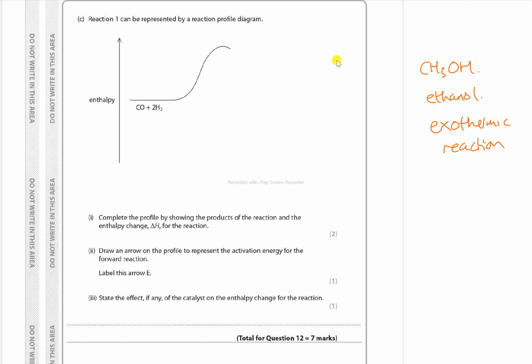So these are the reactants, CO and H2, carbon monoxide and hydrogen. The reaction starting, and because it's exothermic, I'm going to draw this line below. Okay, so that's CH3OH. You've got this line here. That there is the activation energy.